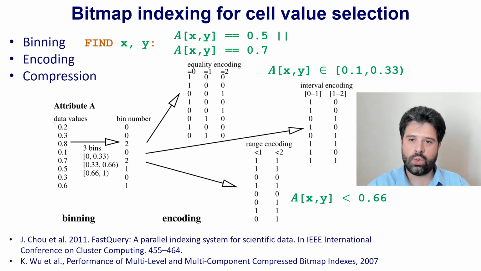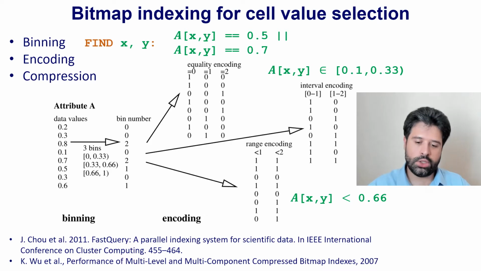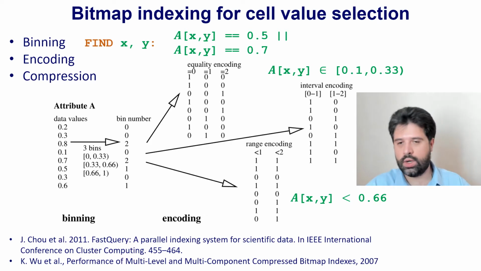This equality encoding bitmap type is good for equality queries shown on the slide. You read only the bitmaps for certain bins and perform bitwise operations. Range encoding is well suited for one-sided range queries, while interval encoding is better for two-sided range queries.